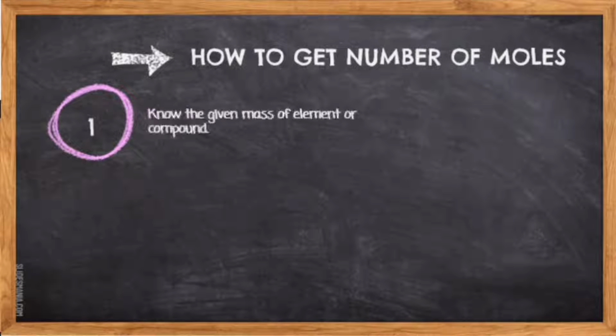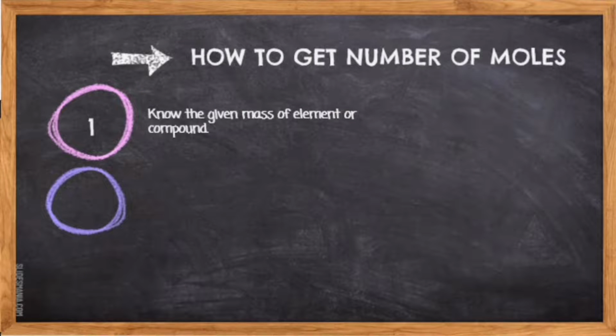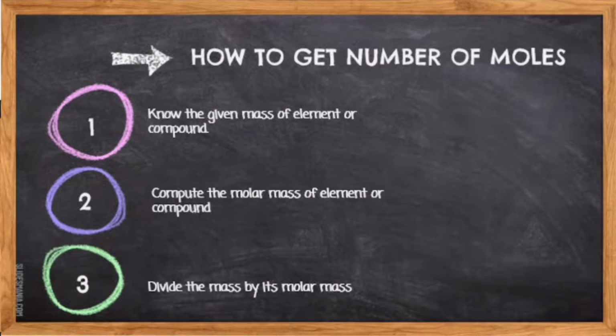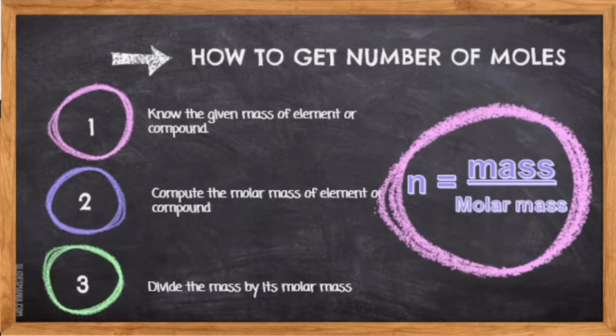So first step, you have to know the given mass of element or compound. Second step, compute the molar mass of element or compound. Then, divide the mass by its molar mass, or simply, number of mole is equal to mass divided by molar mass.